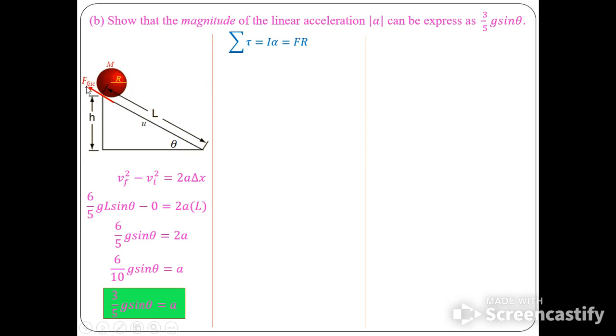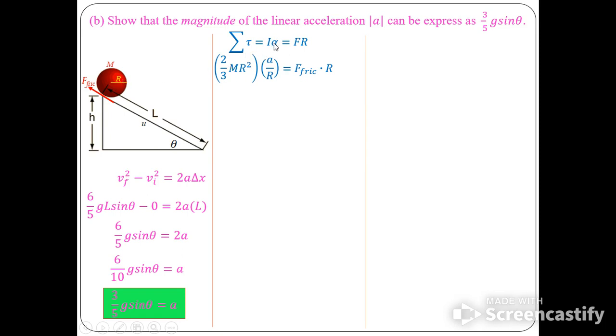So F of friction is what's going to cause your torque. So you can just replace it with this particular statement. Again, the moment of inertia for the hollow sphere is 2/3 mr squared, given that the pivot right now is at the center of mass, which is where my cursor is, right through the center of the hollow sphere.